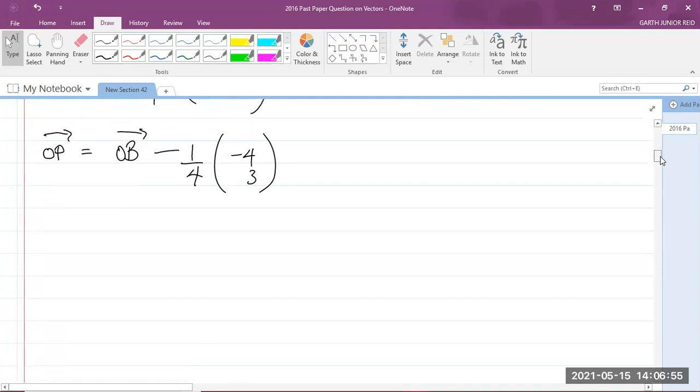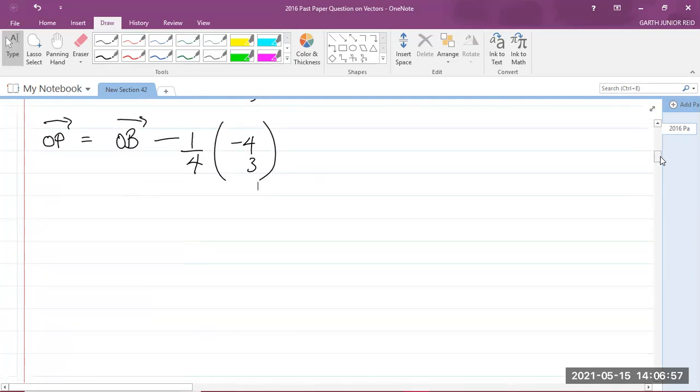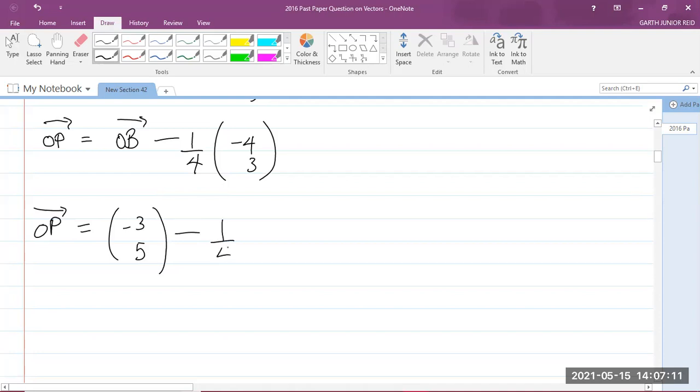We know what the vector OB is. So we can say that the vector OP is equal to the vector OB, which is (-3, 5), minus 1 over 4 multiplied by the vector (-4, 3). That is what we have.